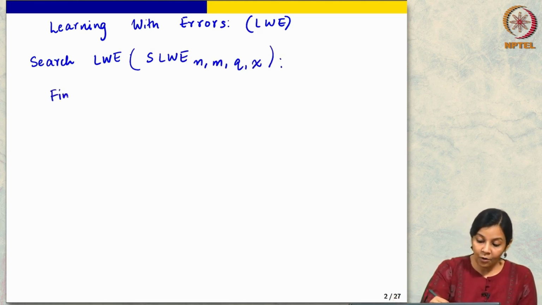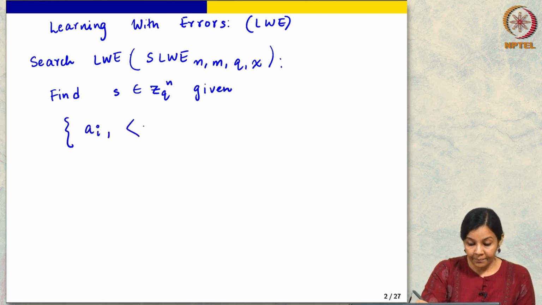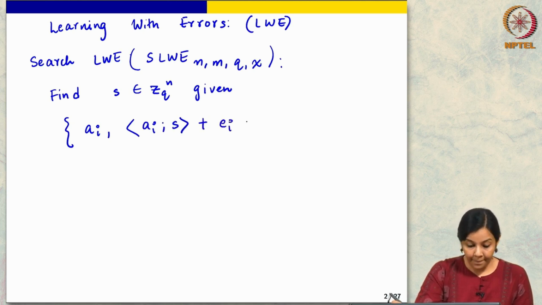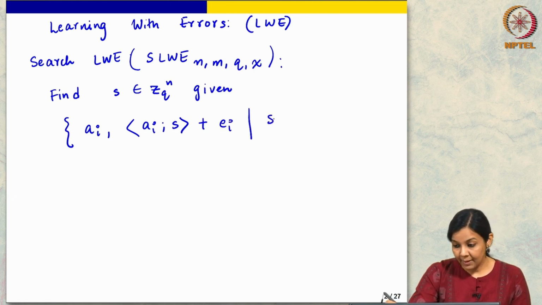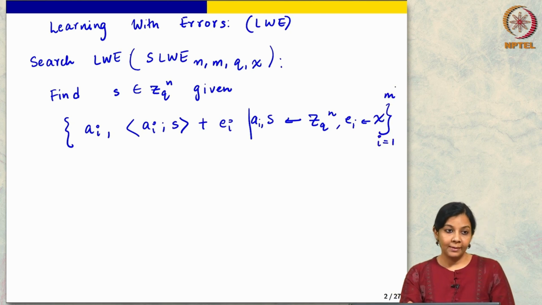This is the question of finding S, a vector S which lives in Z_Q to the N, given a_i and a_i dot S plus e_i, such that S was chosen randomly from Z_Q to the N, so were the a_i, and e_i is chosen from some distribution chi, and I am giving you M of these samples.